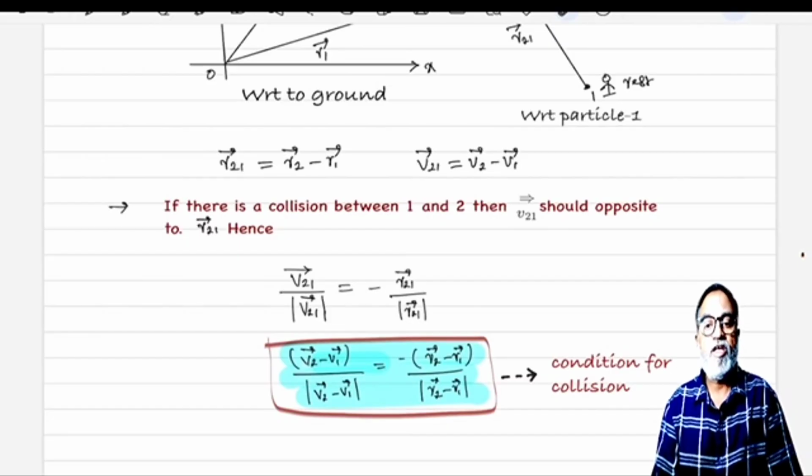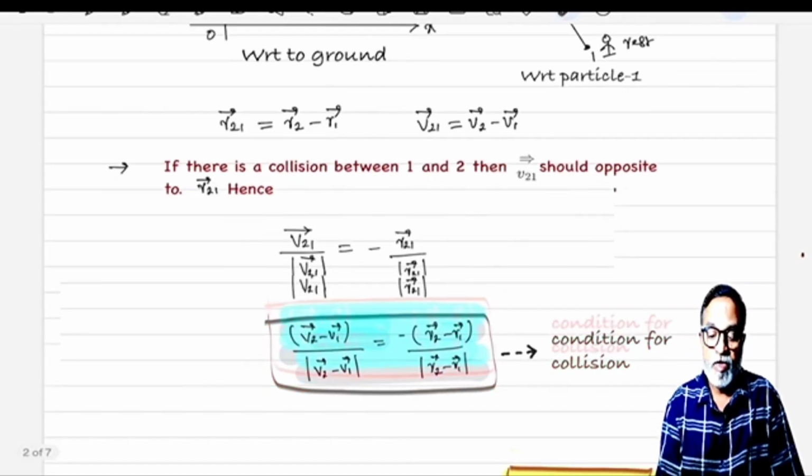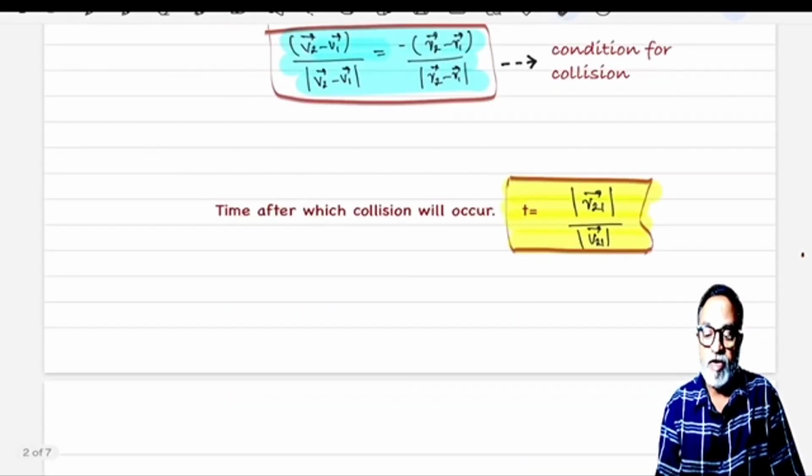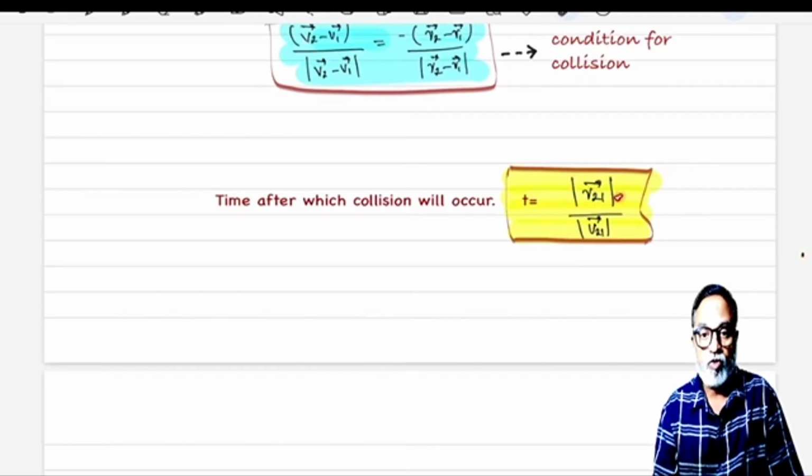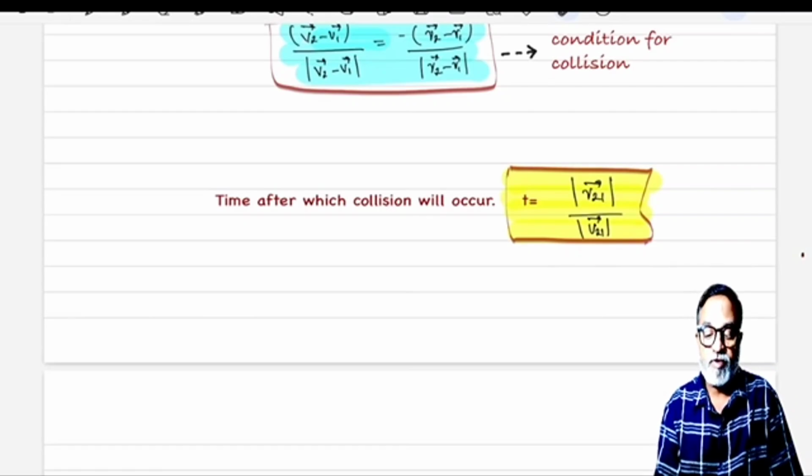For example, if they do not collide, what is the shortest distance between the two particles? See here, the time after which collision will occur is equal to distance by velocity, the position vector of 2 with respect to 1 by velocity of 2 with respect to 1. This is the time after which the collision will occur.